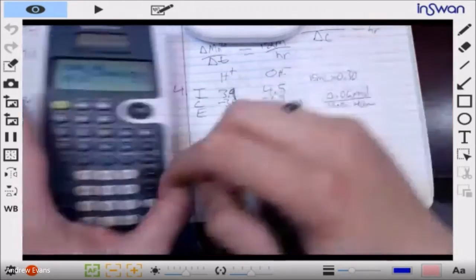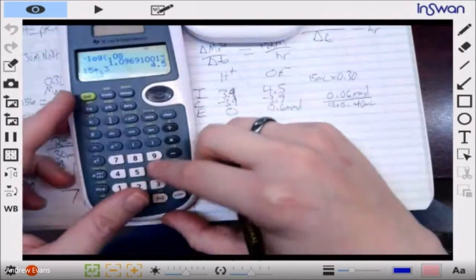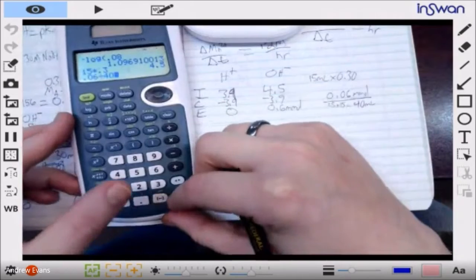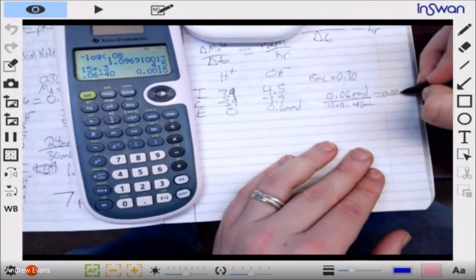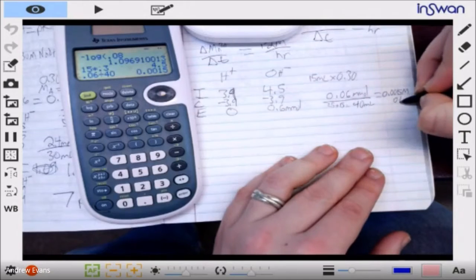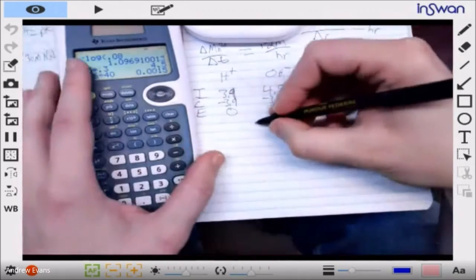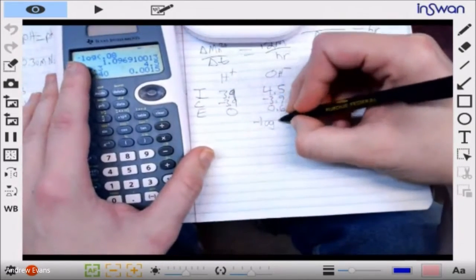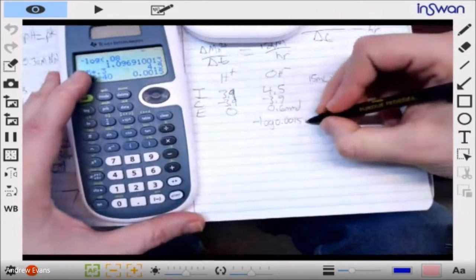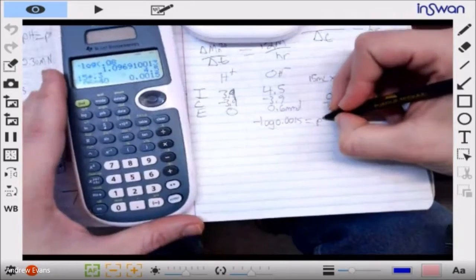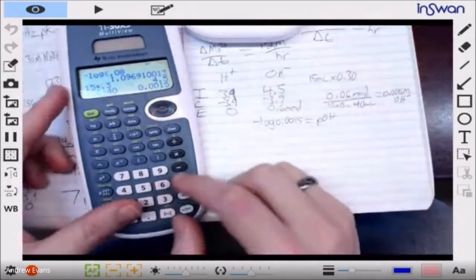So 0.06 divided by 40. The molarity of base, this is 0.0015 molar OH minus. Now remember, we can do a negative log of this number as is, but this will not give us pH. This will give us POH.